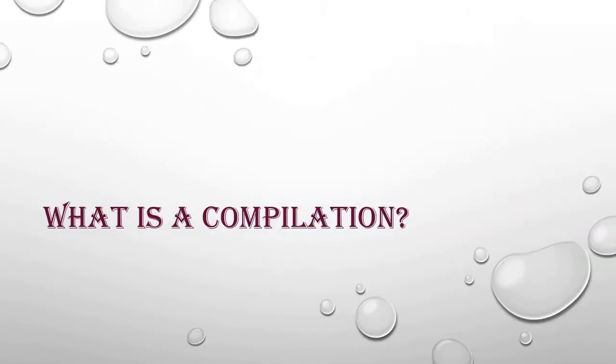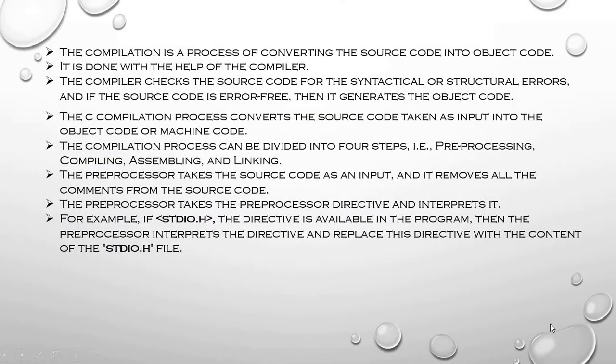First of all, what is compilation? Because every time we type our code, we are compiling it. Am I right? So what do you mean by that? Compilation is the process of converting the source code into object code.